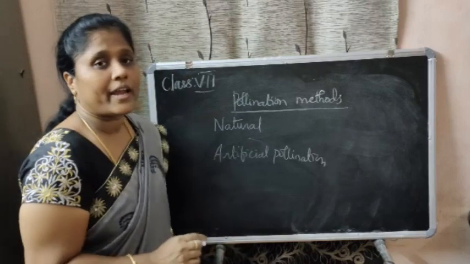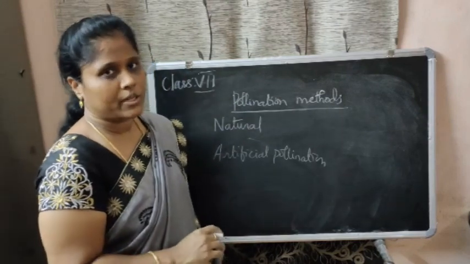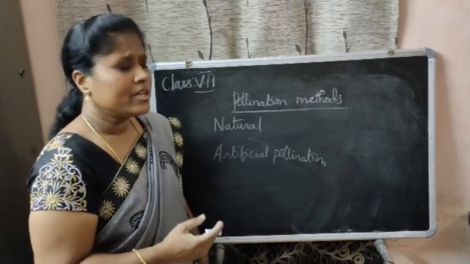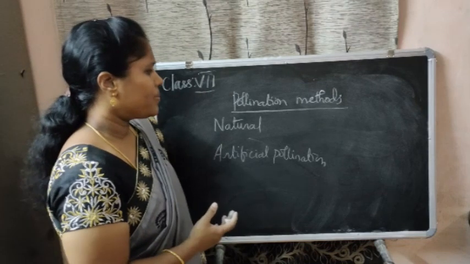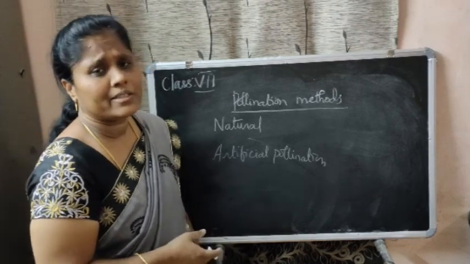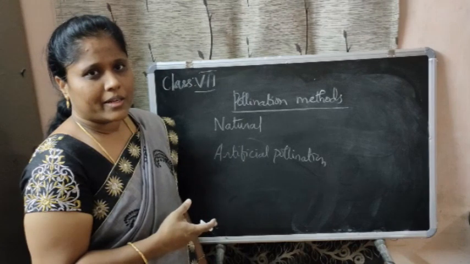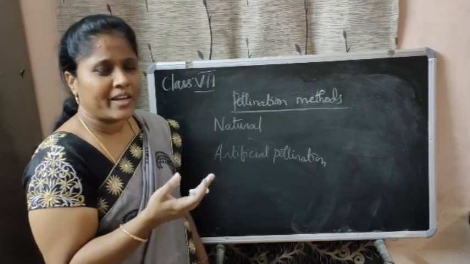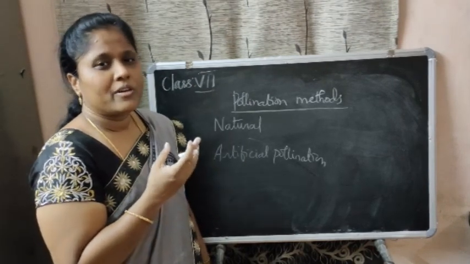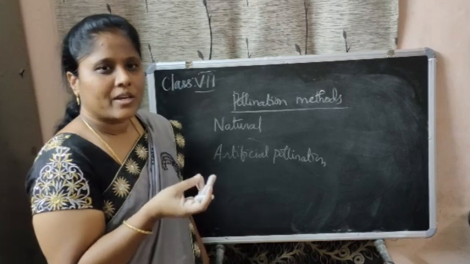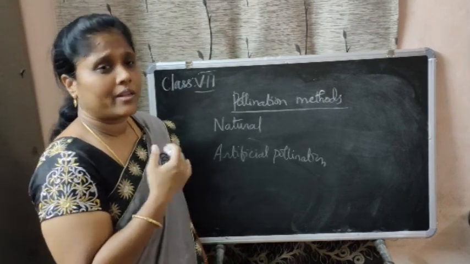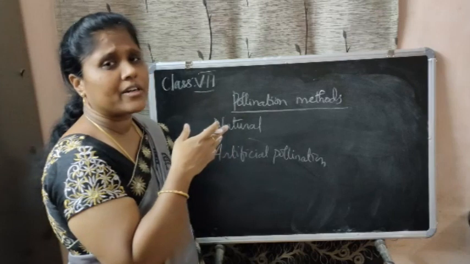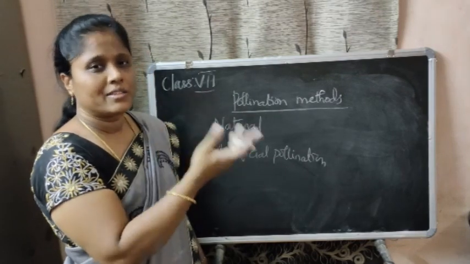Transfer of pollen grain from the anther to the stigma is called pollination. This takes place by means of two methods. One is the natural method, usually by means of wind, where the pollen grains are transferred naturally from anther to the stigma.